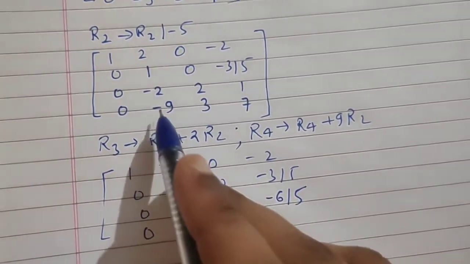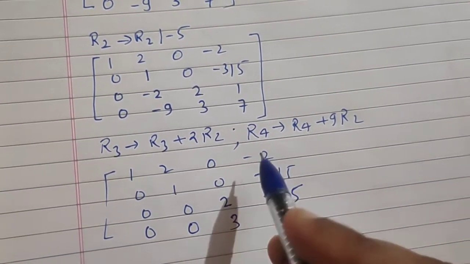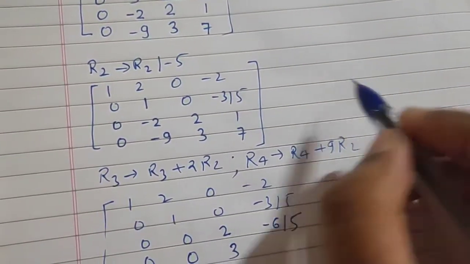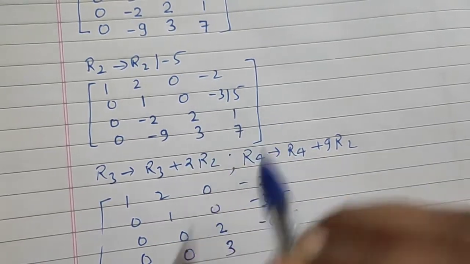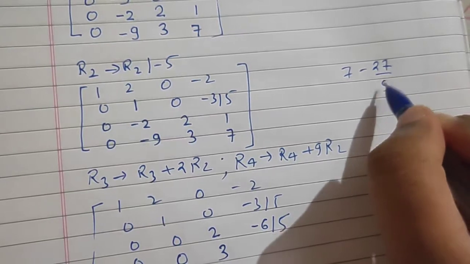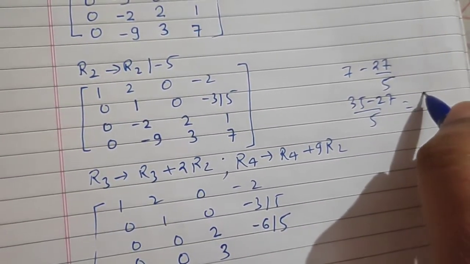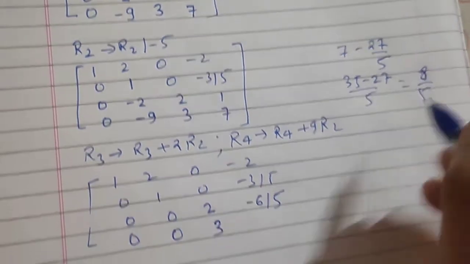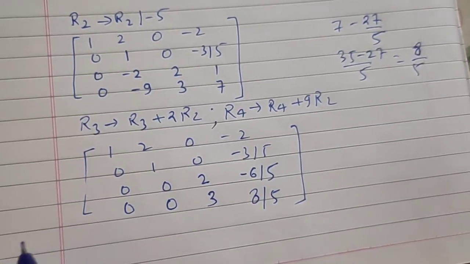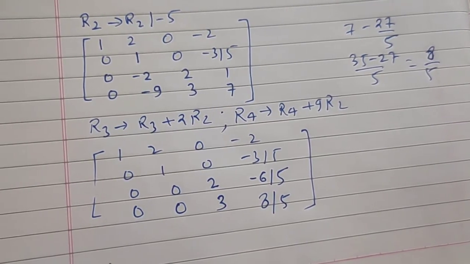This is 0, this will become 0, this will remain 3, R4 to R4 plus 9 times R2, so this is -27 by 5, and 7 minus 27 by 5 will give us 8 by 5. Okay, so I think there is no need to further reduce.